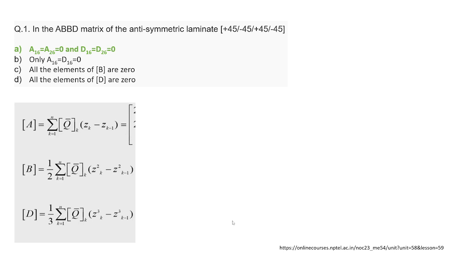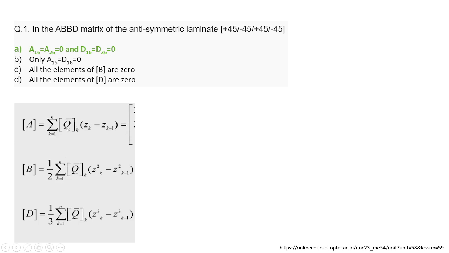Because the Q matrix that is formed for the laminate, the coefficients Q16 and Q26 will be in such a way that they will go opposite to each other, because there is a plus and a minus. So Q for plus theta will be equal to minus of Q of minus theta. Because of that, when we are doing summation here for the A matrix, it will be equal to 0.